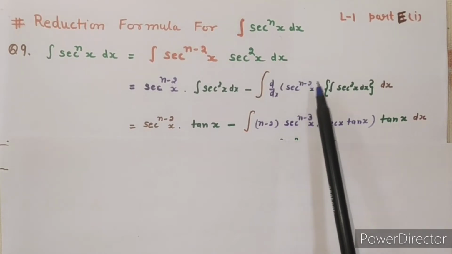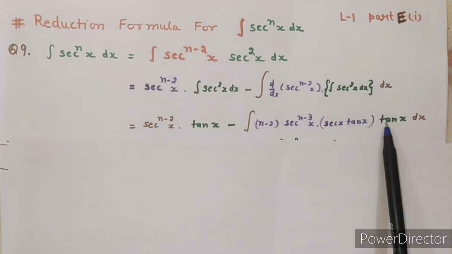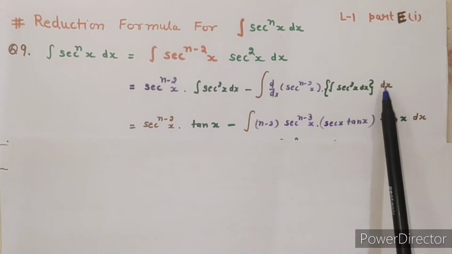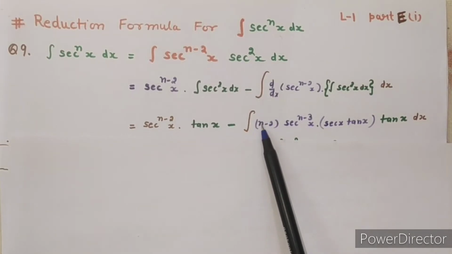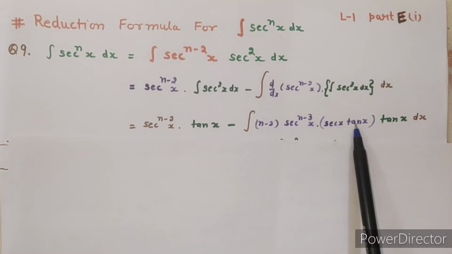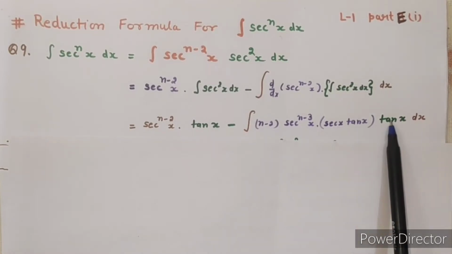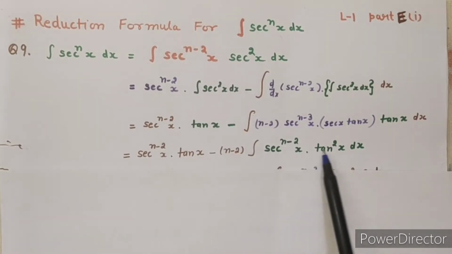Then the integration of secant square x, which is tangent x, so this part is here and this integration is here. Now you can take this term outside. This gives you secant n minus 2 x and this is tangent square x. So my integral becomes this term.